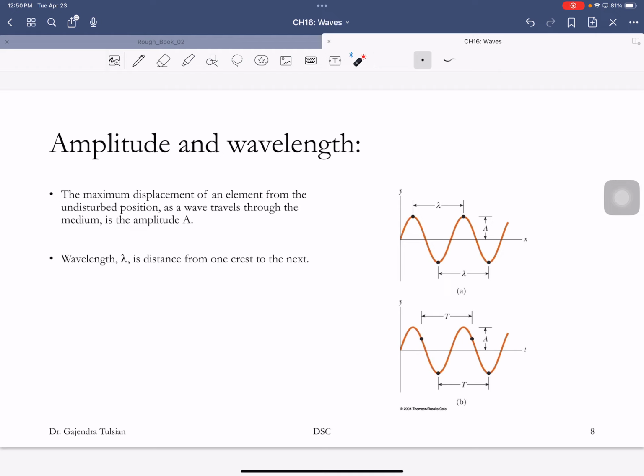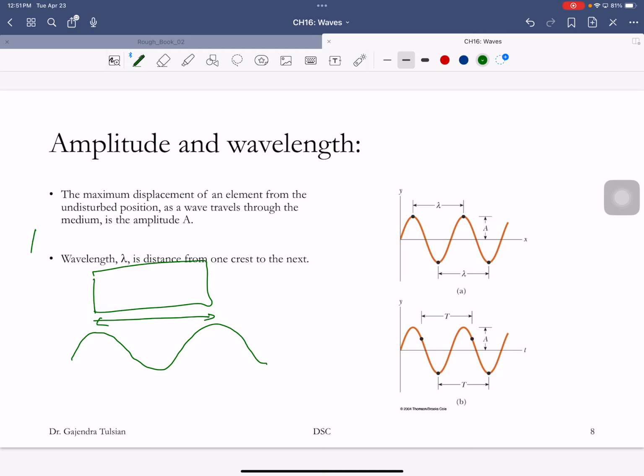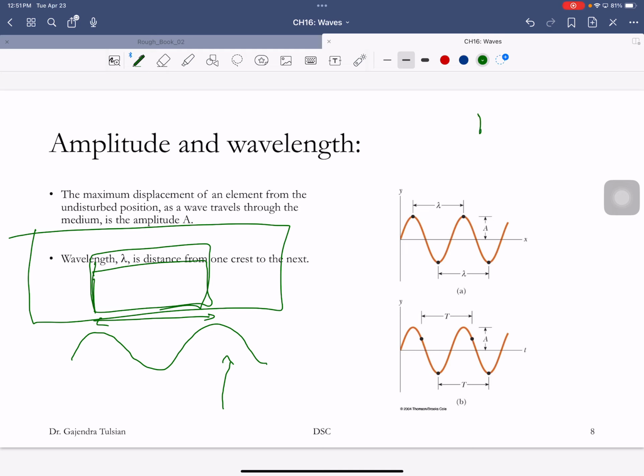Now, if you are using a probe that has that wavelength, you can see only objects about this big or bigger than that. The smallest object you can see is roughly the size of the wavelength. You cannot see this object.